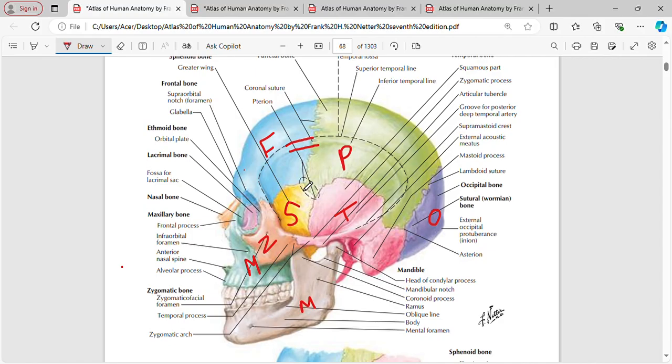Any lateral or sidewise blow can lead to the rupture of this artery, and as a result of that rupture there can be an epidural hematoma formed within the skull, right? So it's actually very seriously dangerous if you get a hit on this side of the skull, right?